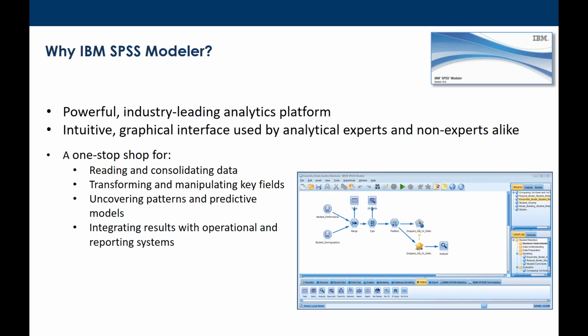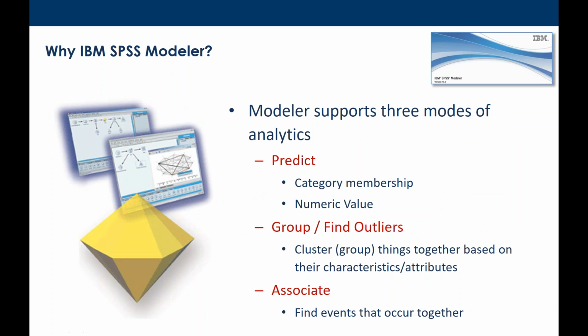So uncovering patterns, building predictive models, and integrating the results with operational and reporting systems, as I said earlier on, being able to send these scores back out directly to a database or to a system that's going to be able to read the results of our analysis. So it's pretty good at that sort of stuff. That's one of the reasons why people use it, because they can cover pretty much everything they need to do within the life cycle of a predictive analytics project, all in one location, without having to drop out into code, without having to use supplementary packages.